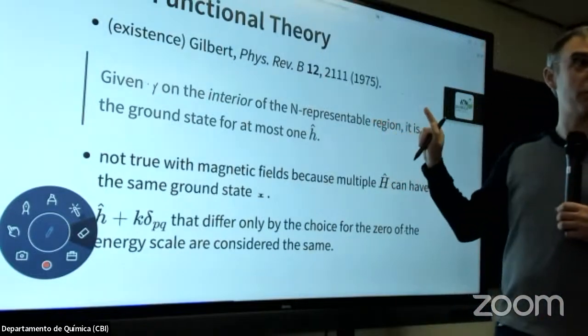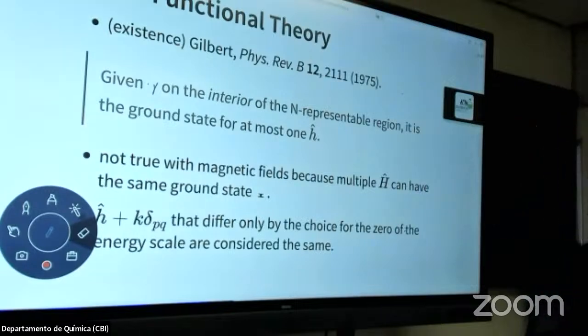We know the Hohenberg-Kohn theorem. The Hohenberg-Kohn theorem says, if I give you a density that's a legitimate density, then it corresponds to at most one potential. It might correspond to 0 potentials, but it never corresponds to 2.